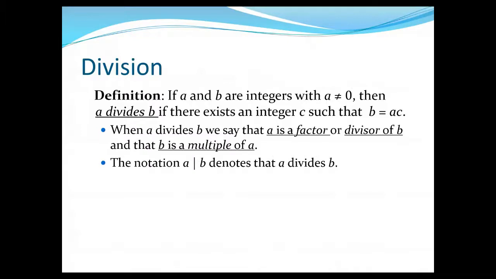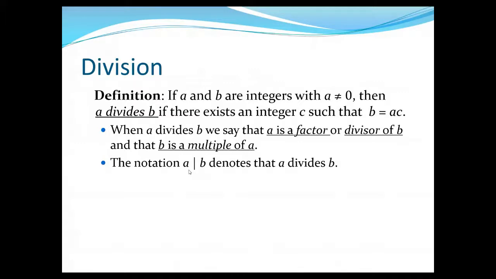The notation to define that a number divides another number uses a pipe. A is your divisor, b is your dividend. So a divides b, which means b is divisible by a.